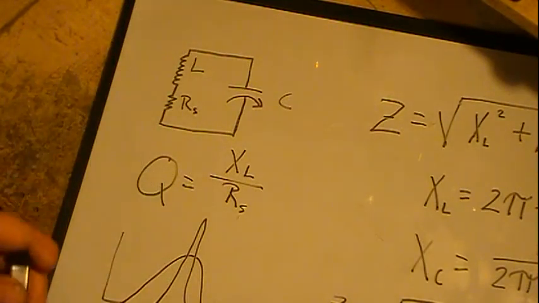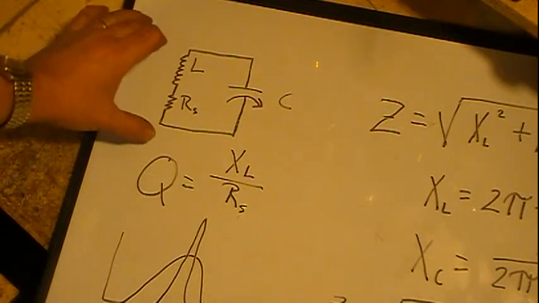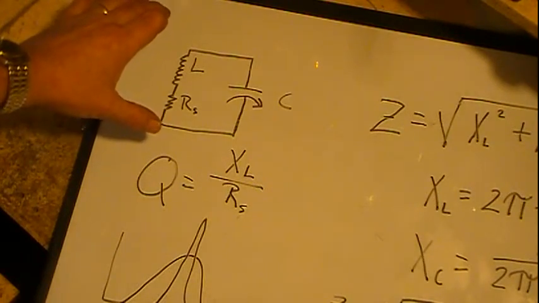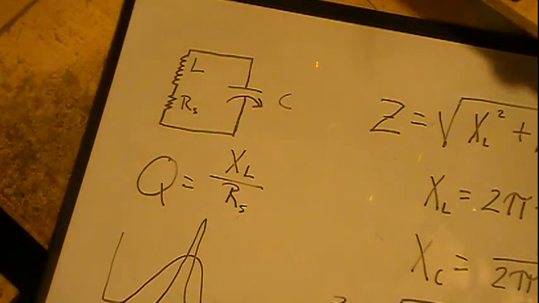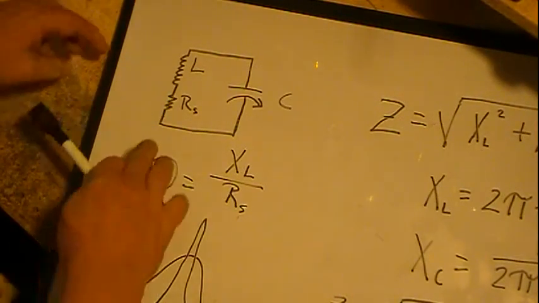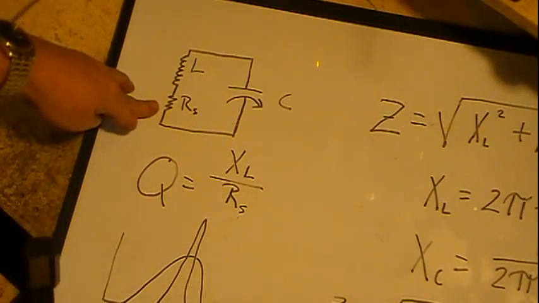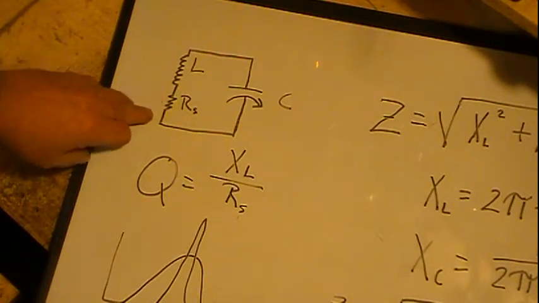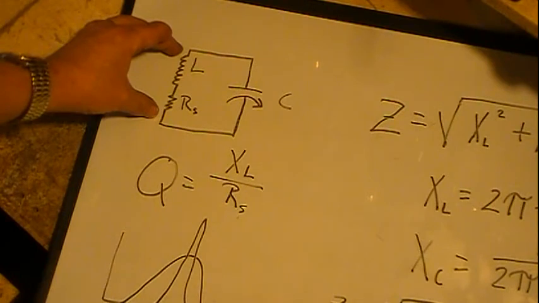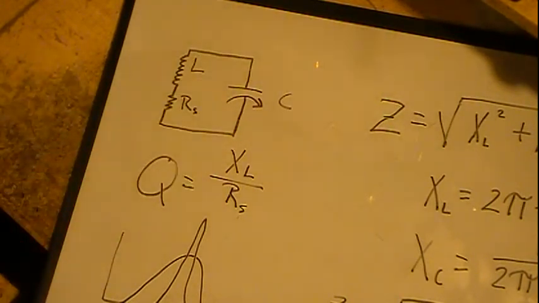If your new coil is low enough in resistance for the same inductance that it has drastically changed that Q, where you're uncomfortable with it, you don't know if it's going to work, then you can add, in series, an extra resistor. It will not change anything other than the Q. But you can add a resistor in here as long as it's just in series with the inductor or the coil, and those both are in parallel with your capacitor.